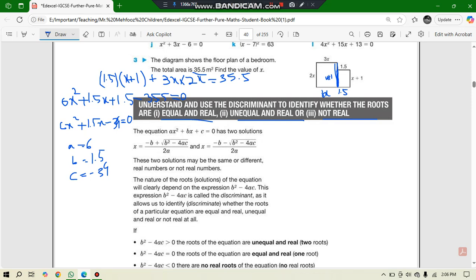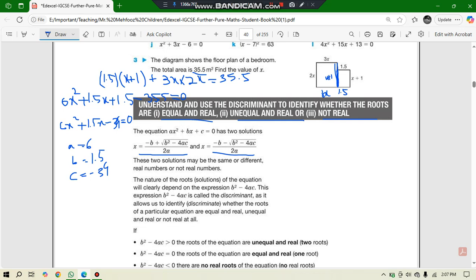The equation ax square plus bx plus c is equal to 0 has two solutions. This is minus b plus the square root of b square minus 4ac over 2a, and this is minus b minus the square root of b square minus 4ac over 2a. So these are the two solutions.